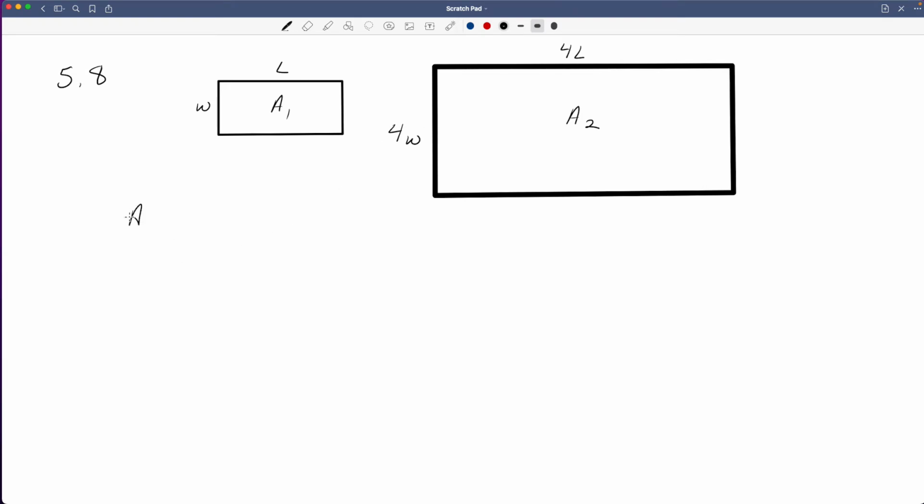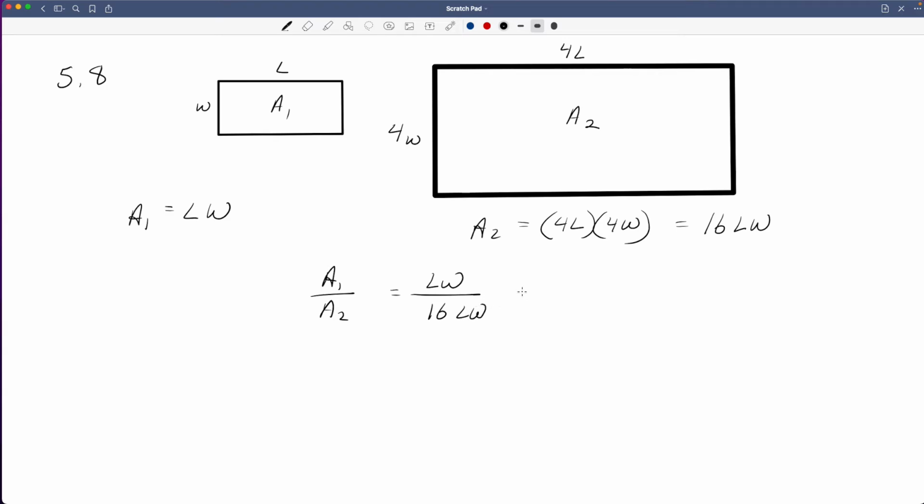So area 1 can be written as length times width, and area 2 can be written as 4 times the length times 4 times the width, which would equal 16 times the length and the width. So we can represent that ratio as area 1 over area 2 equal to the length times the width over 16 times the length times the width, which would give us a scale factor of 1 over 16.